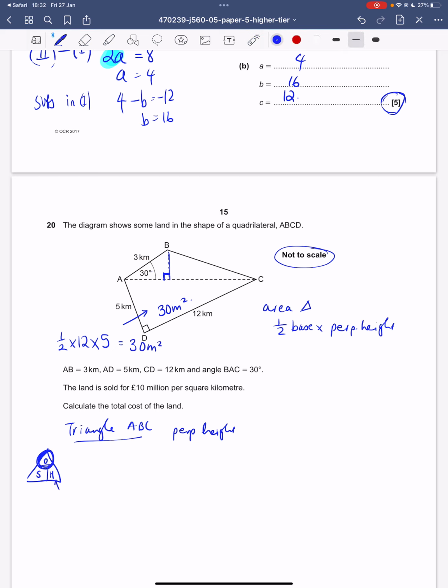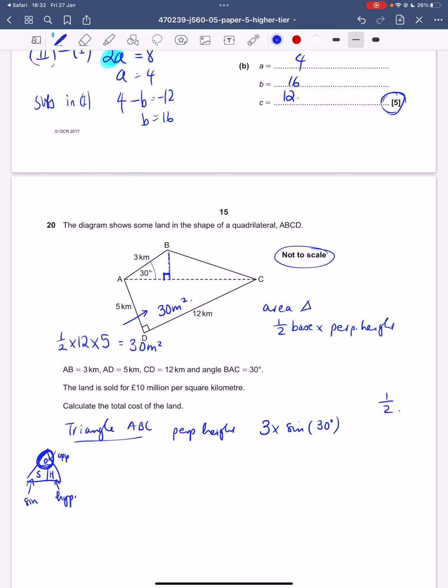Okay, I'm getting a bit tired. There's hypotenuse, that stands for sine, and that's opposite. We want the opposite because the perpendicular height is opposite the 30, so it's sine 30 times the hypotenuse, which is 3. It's going to be 3 times sine 30 degrees, and sine of 30 is one of the ones that you need to remember, a half.